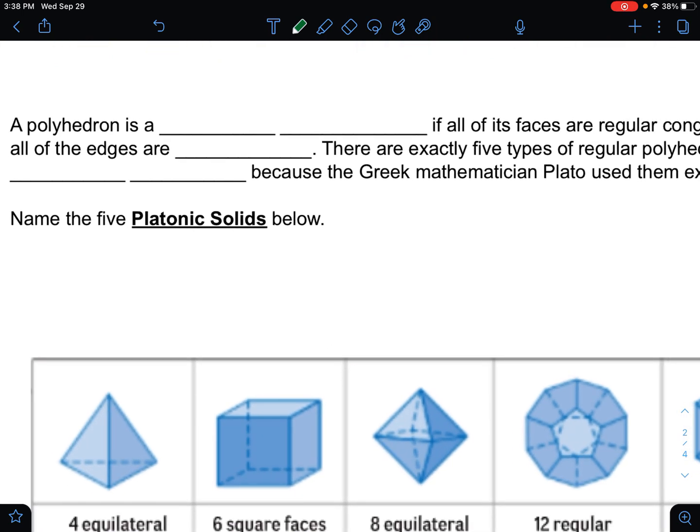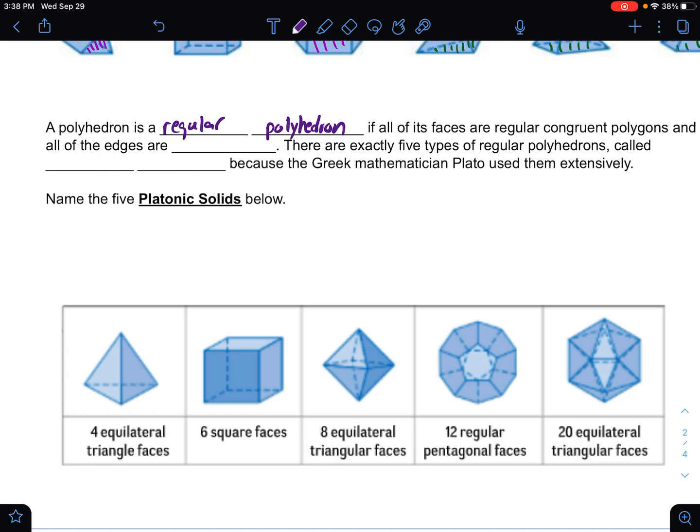Now there are some special types of polyhedrons. A polyhedron is a regular polyhedron if all of its faces are regular congruent polygons and all the edges are congruent. Remember we talked about regular meaning, in a polygon sense, equiangular and equilateral.